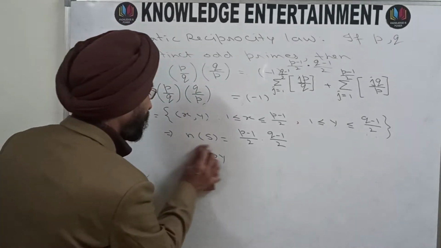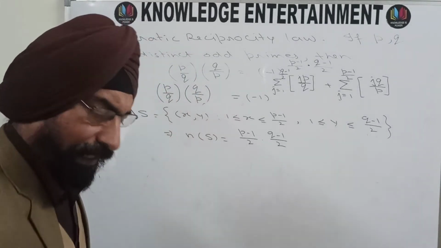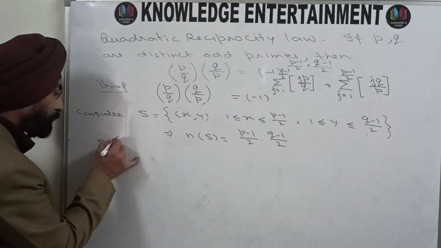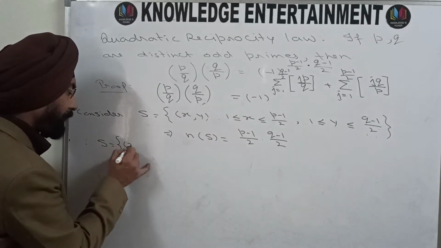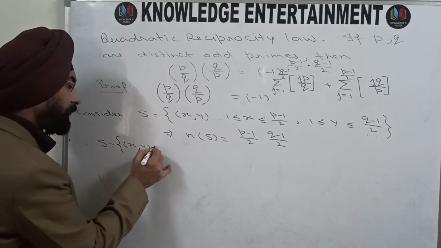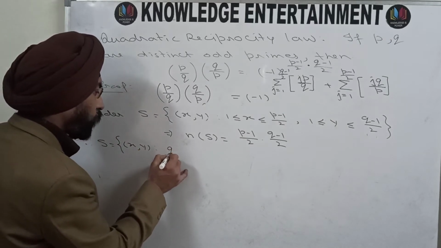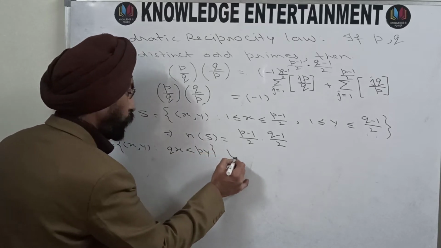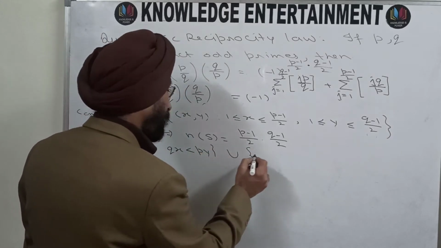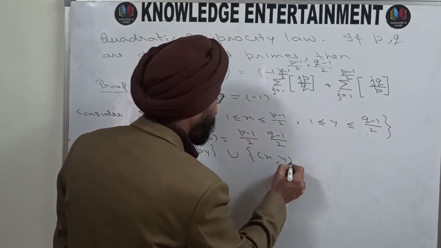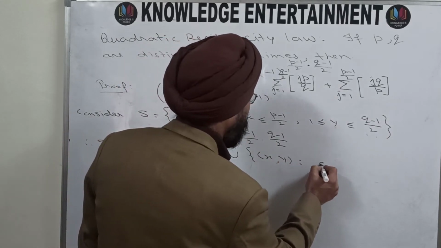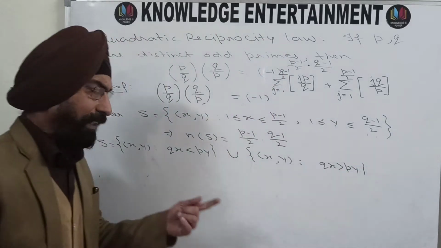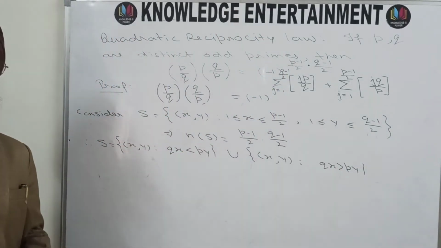So S can be broken as the set of (x, y) where qx is less than py, union the set of ordered pairs (x, y) where qx is greater than py. So I have broken this set S into two parts.